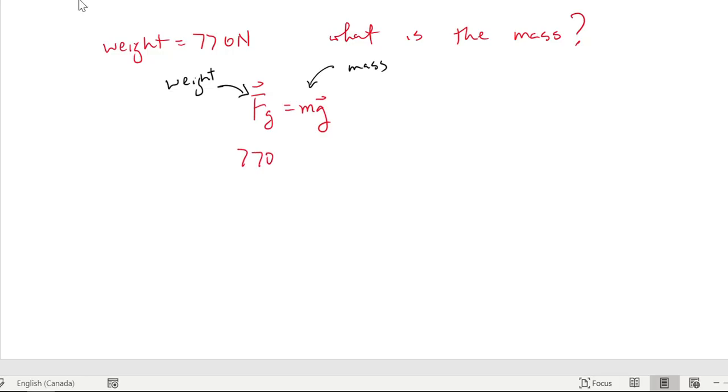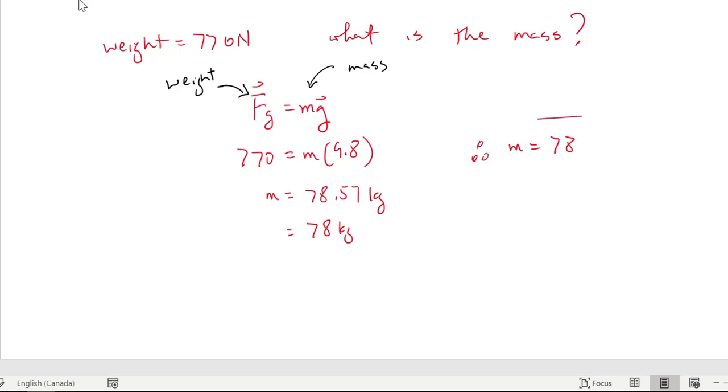So if I use this equation, I should be able to figure it out. This is going to be 770 equals mass times g, and g is 9.8. Therefore, the mass is 770 divided by 9.8, which is 78.57 kilos, which after sig digs, I think it's 2, so it's going to be 78 kilograms. So if someone has a weight of 770 newtons, that's equal to 78 kilograms.